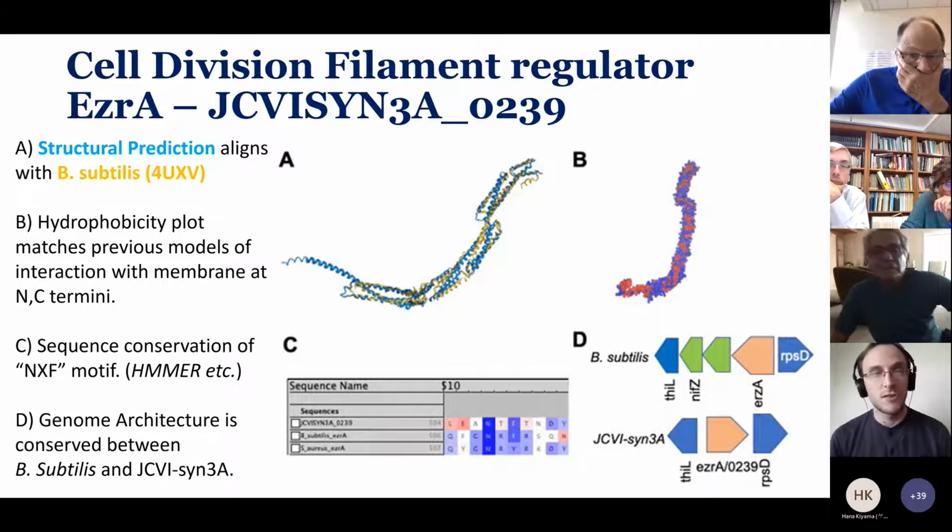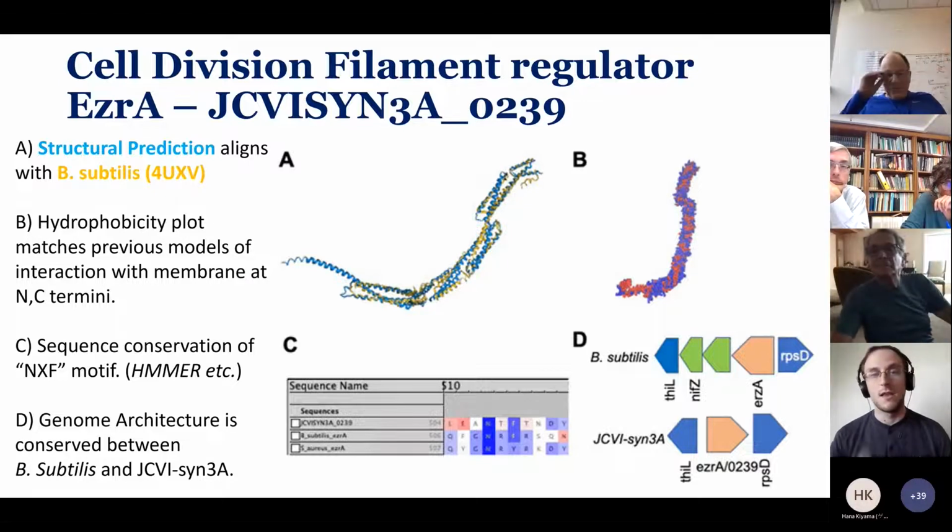We have our AlphaFold structure prediction in blue in subpanel A there. That's aligning quite well by structural alignment techniques to the experimentally determined structure from subtilis.